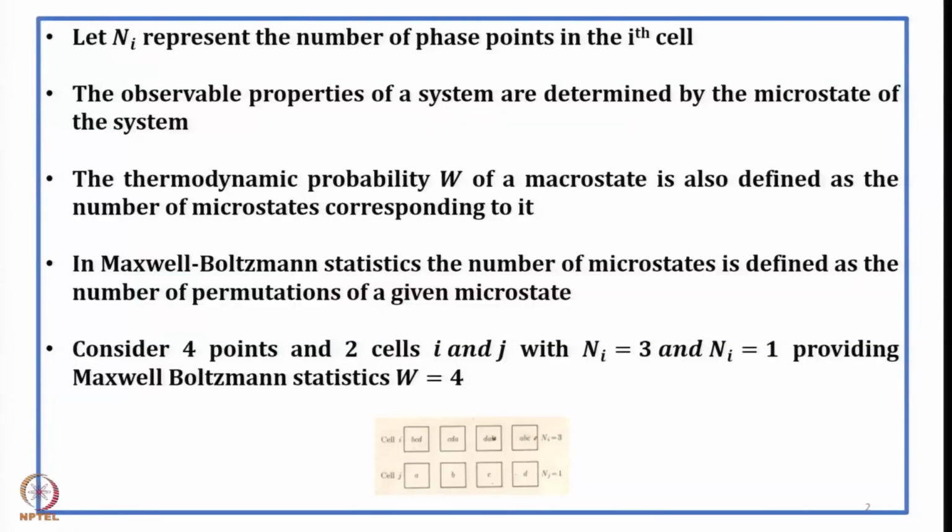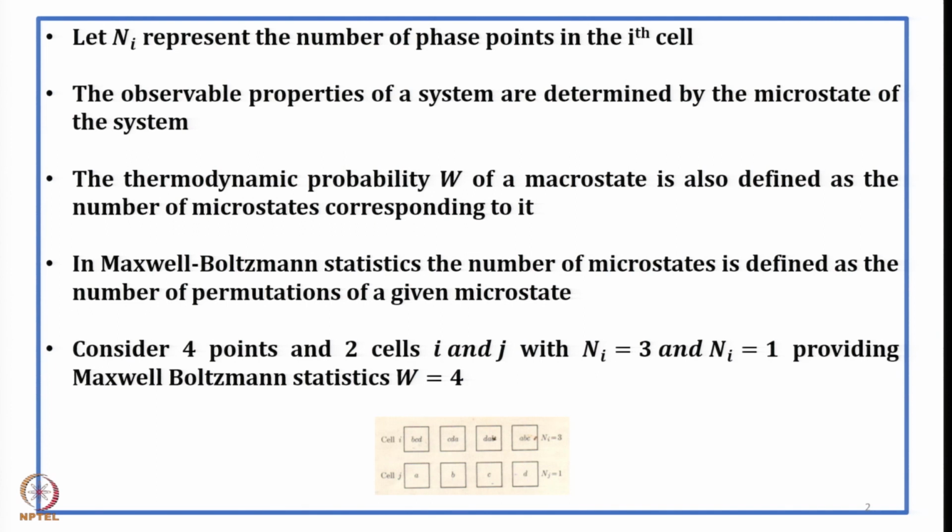discussing Bose-Einstein statistics. Earlier I was using the words molecules, particles, etc. And here in Bose-Einstein statistics I will use phase points, that is, particle, molecule, electron, whatever you consider, it represents the phase points.